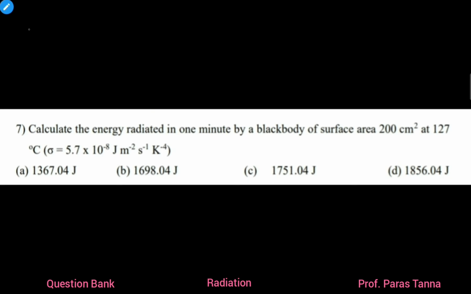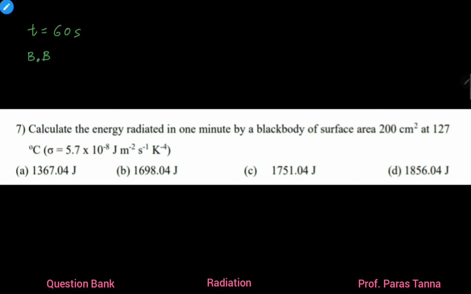Your options are option A 1367.04 joule, option B 1698.04 joule, option C 1751.04 joule and option D 1856.04 joule.